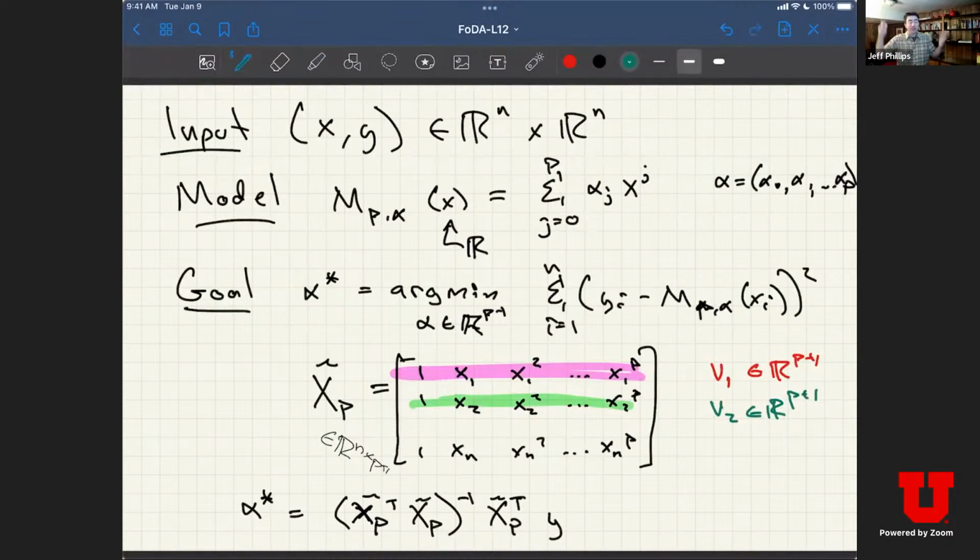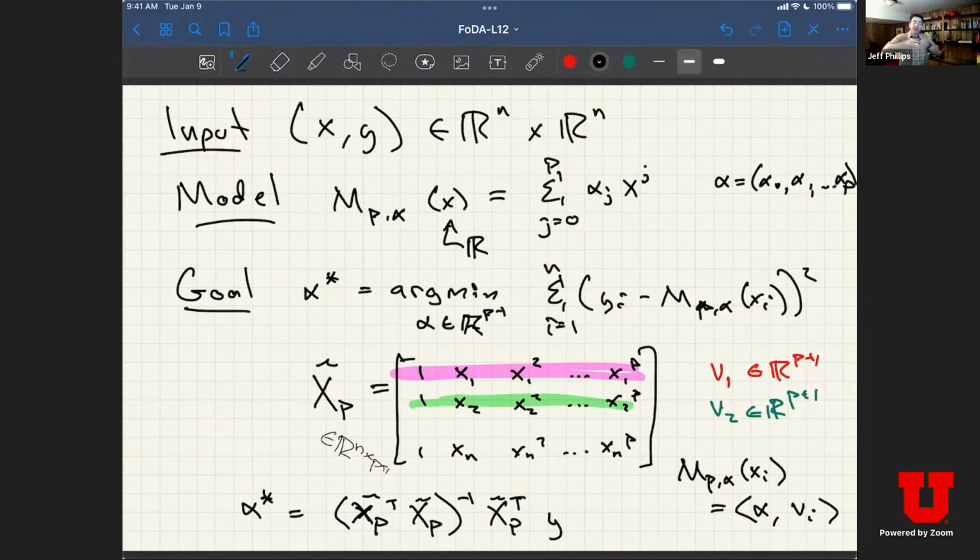Once I have high-dimensional data points, the model m_p alpha of x_i is now just equal to the dot product of alpha with v_i. So I've turned them into these v vectors in p plus 1 dimensions, and the model is again exactly a dot product, right?